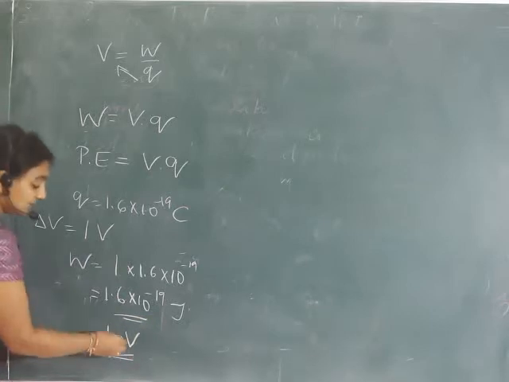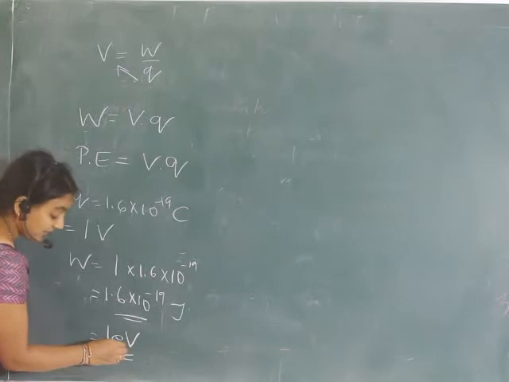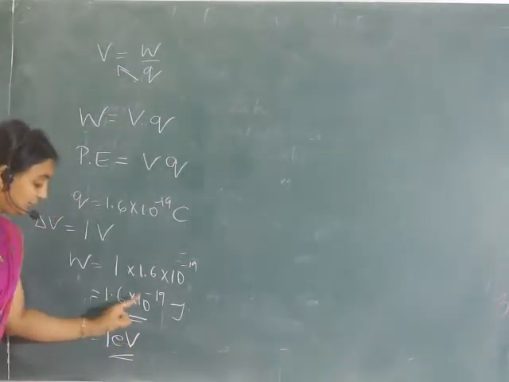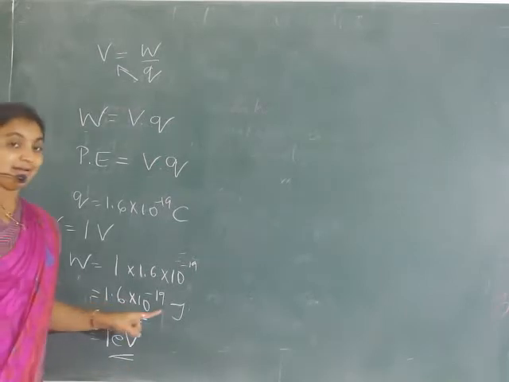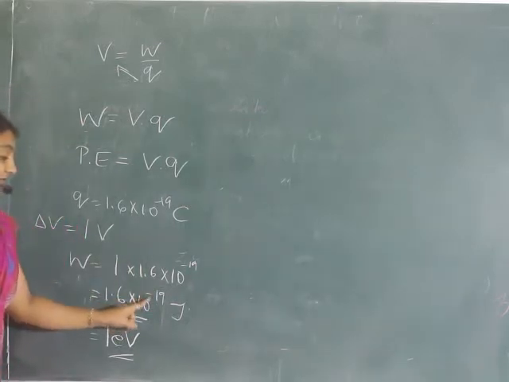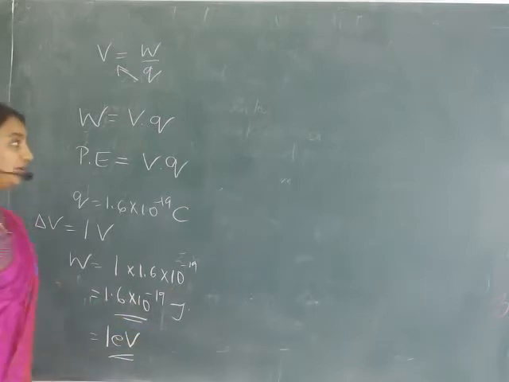That means 1 electron means 1 into 10 to the power minus 19, into 1 volt, you will get the same answer. So you can write 1.60 into 10 to the power minus 19 joules is equal to 1 electron volt.